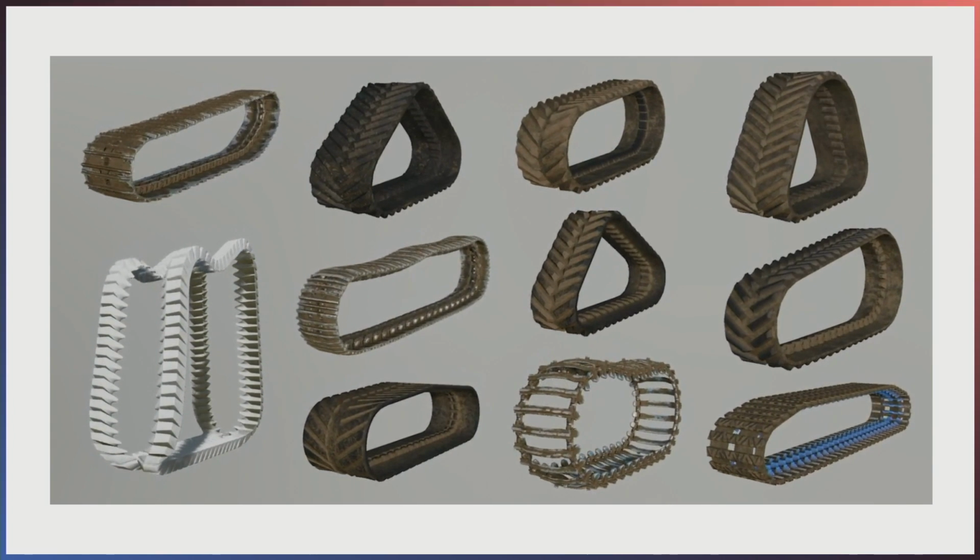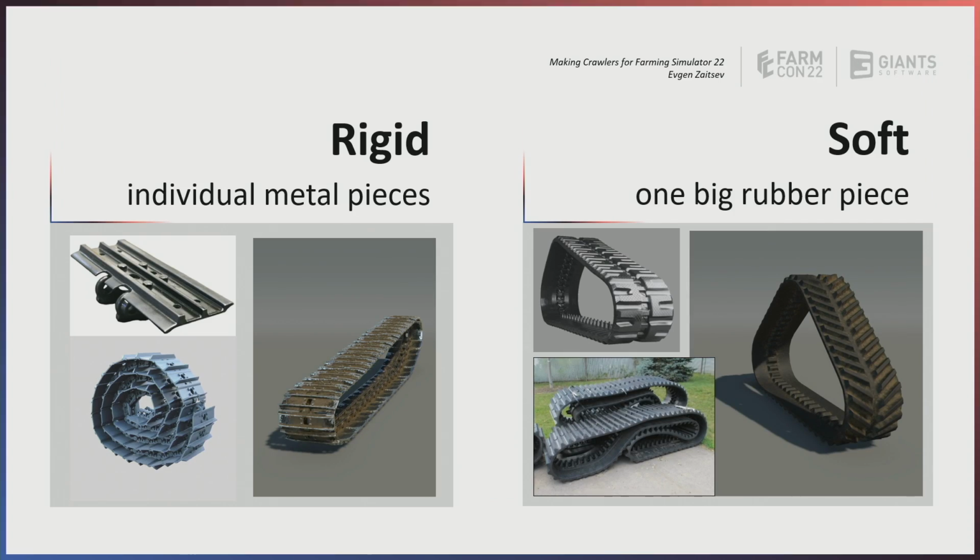Now I will be explaining, it's more like a tutorial, one by one, how you can actually make it. But before starting, we have two different implementations of the crawler. One is rigid, another is soft. Rigid is made from individual pieces, like a metal one, and they connect from these 2 points, and they propel connected ones to each other, and usually they don't deform, so they are metal, kind of rigid.